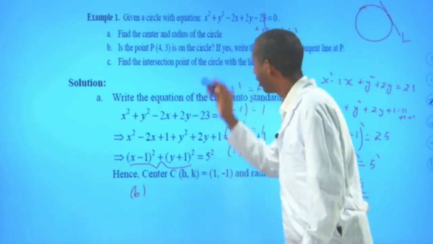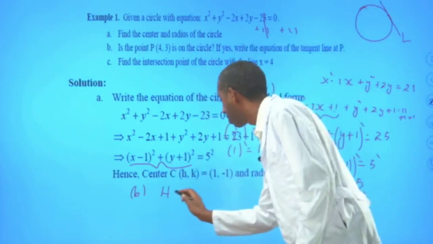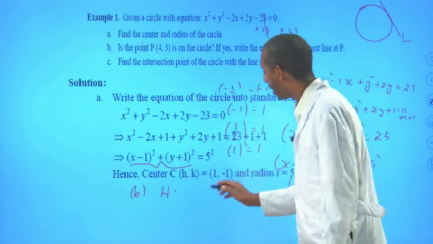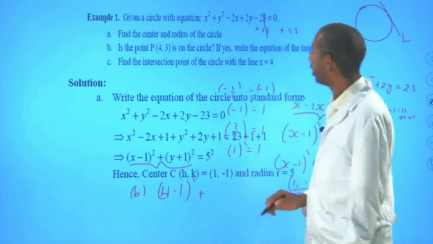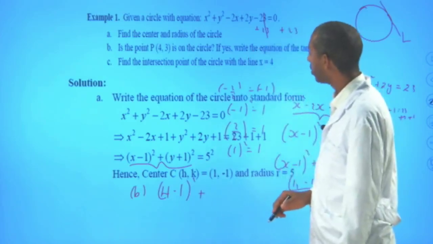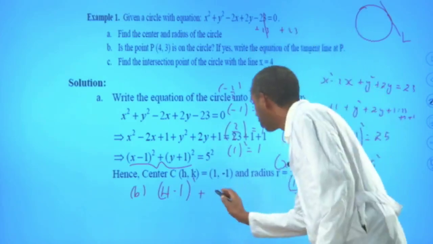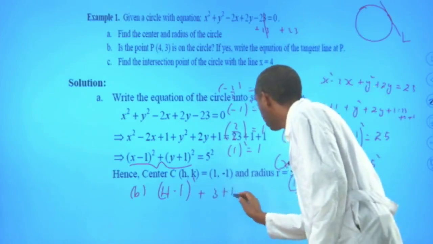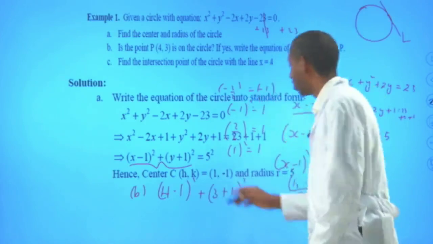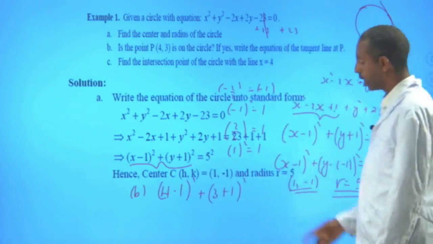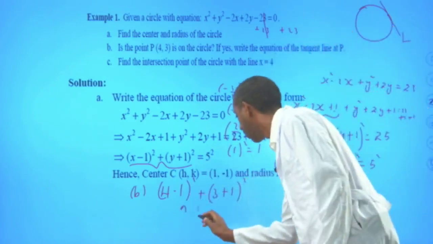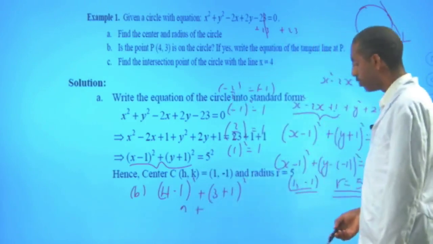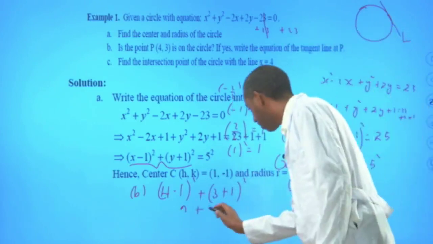In place of x, substitute positive 4: (4 - 1) squared, plus, in place of y, substitute positive 3: (3 + 1) squared. Let's find the value of this. 4 minus 1 is 3, 3 squared is 9, plus 3 plus 1 is 4, 4 squared is 16.